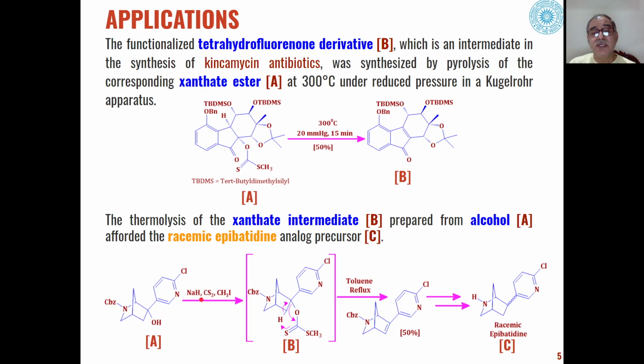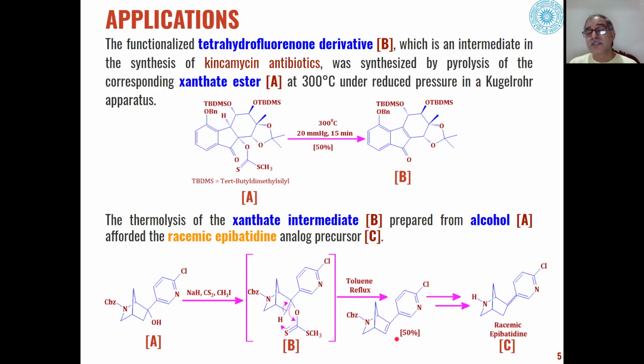When these alcohols are reacted with sodium hydride in carbon disulfide, followed by reaction with methyl iodide, these alcohols will be converted into xanthate esters. And you can see this is alpha carbon, this is beta carbon. So this beta hydrogen is in the same plane as that of the ester group. So that is why a six-membered cyclic transition state is formed very easily, and under reflux condition in presence of toluene, this ester group is removed with the formation of a carbon double bond.